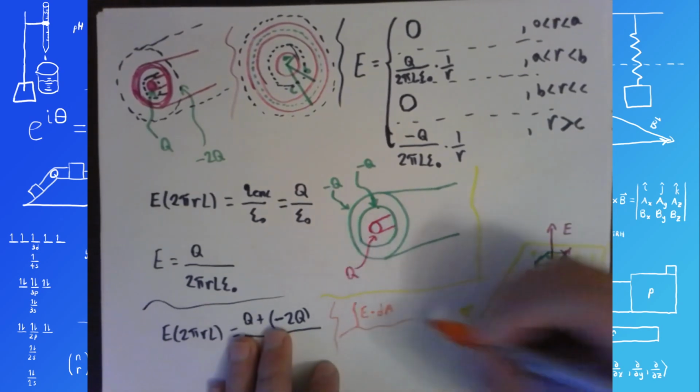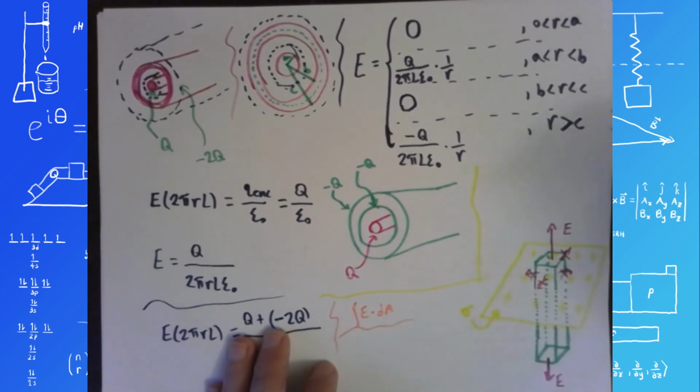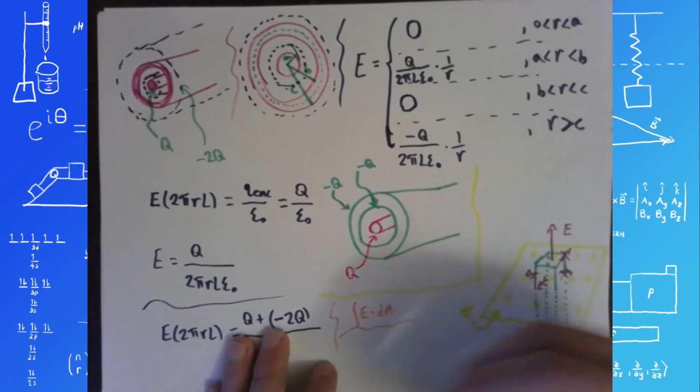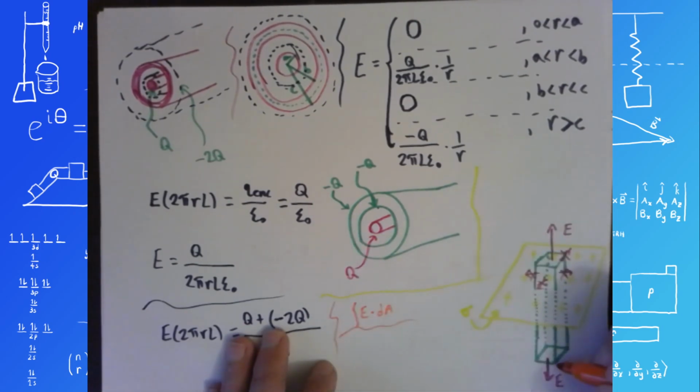So we'll just have an electric field over here times whatever that area is, plus an equal amount of electric field down there times that same area.